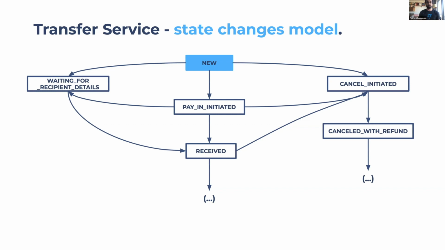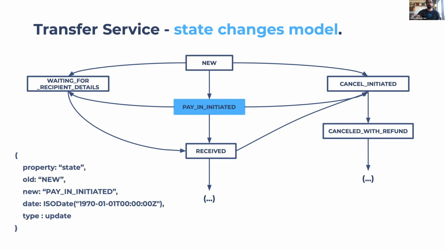Let's go through some transition examples and log generation. Every transfer starts with a state new. In this case, the new state is paying initiated and the log of update type is generated.